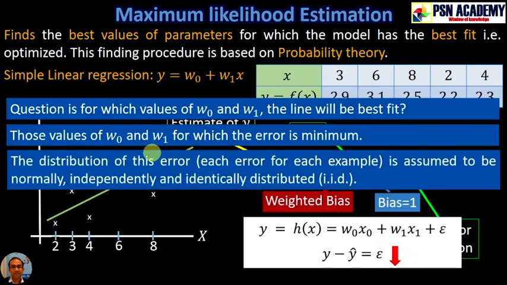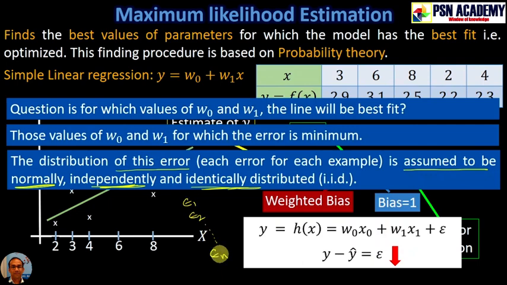Now here is an assumption we have to go for, and that is very important. The distribution of the error, those epsilons, is assumed to be normally, independently, and identically distributed. That means i.i.d. So you have epsilon 1 for example 1 or data point 1, epsilon 2, like this you have epsilon n.